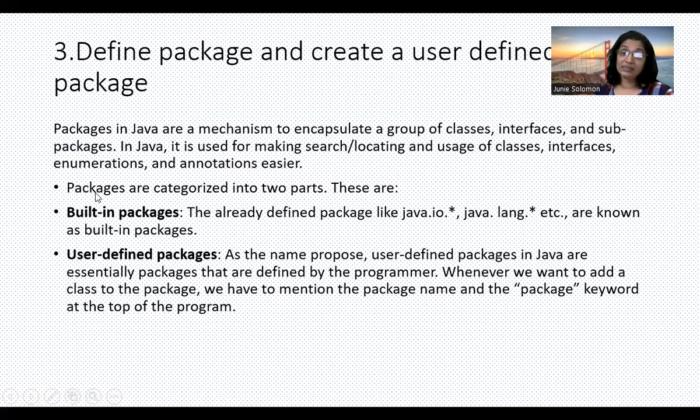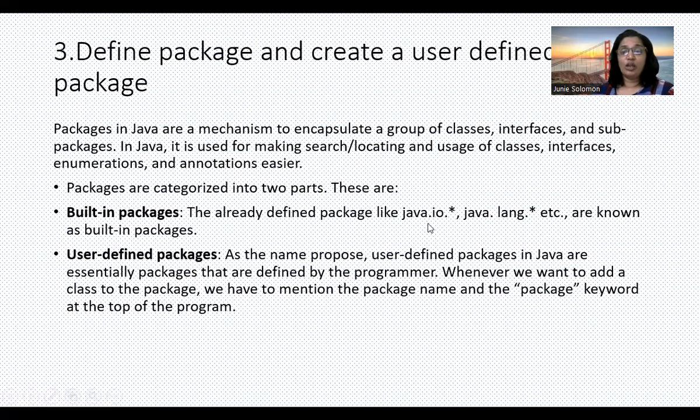Now, packages are categorized into two kinds: built-in packages and user-defined packages. Built-in packages means Java itself created a number of classes and kept similar types of things in one place, and other things in another place.